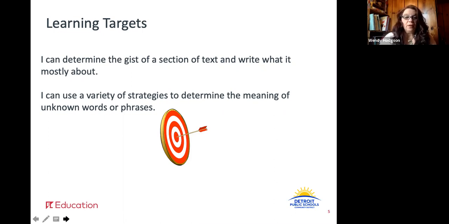So I want to be very specific that this gist is from a section of text. We'll get more deeply into that as we go today, and you're only going to write down what you think it's mostly about. It's kind of a guess after reading that it's mostly about something, and we're going to practice that skill today as one of our learning targets with our new reading.